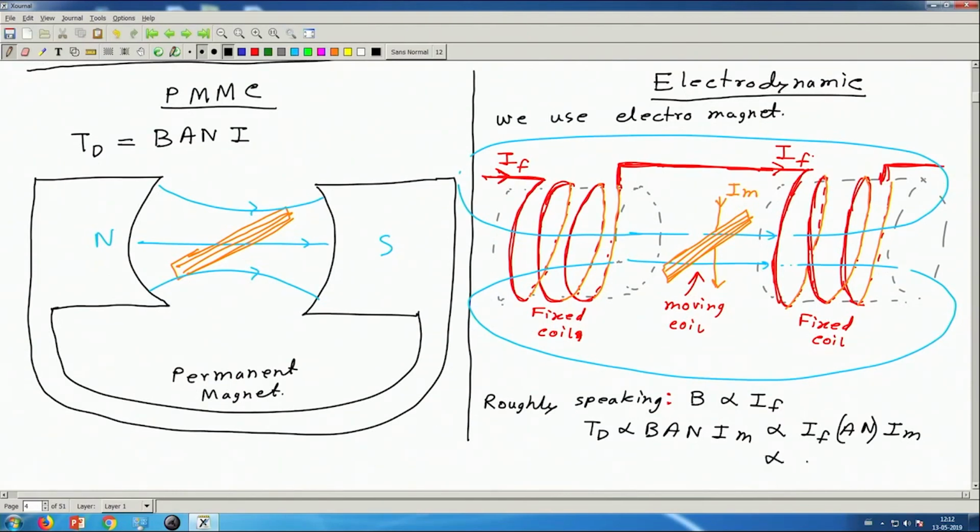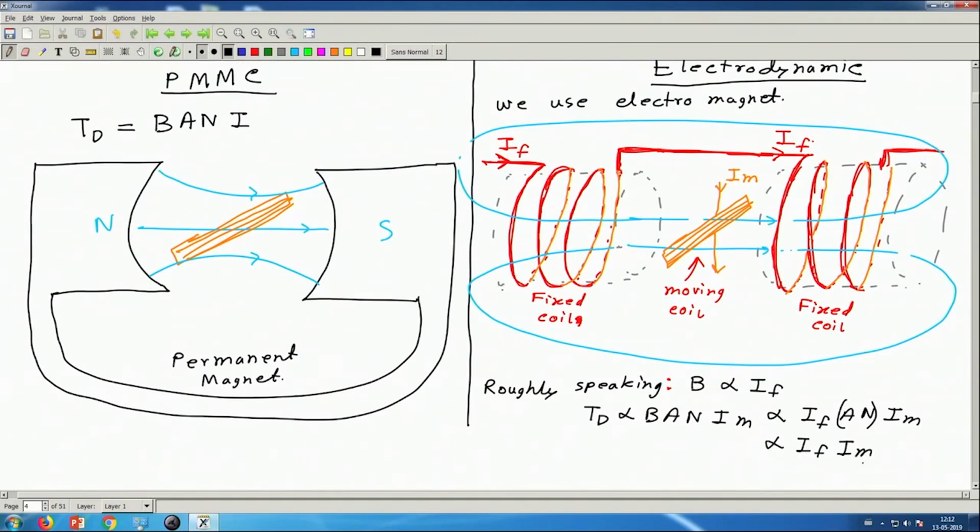So, roughly speaking, we can write this is proportional to IF and IM, where IF is the current through the fixed coil and IM is the current through the moving coil. So, TD is proportional to IF IM.